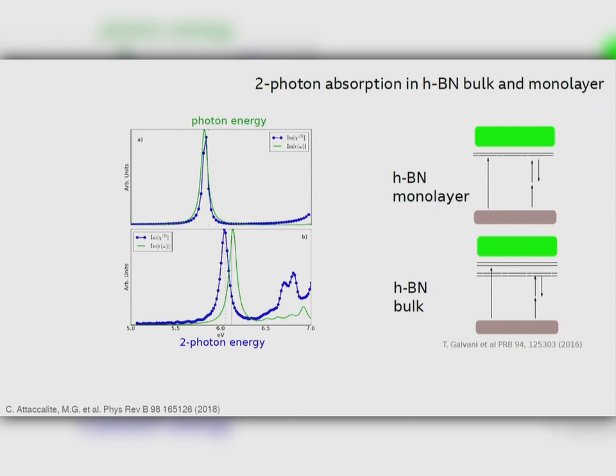By using the two photon, one can instead access this lowest dark exciton, and so this is the blue curve that indeed gets the lowest exciton for the hexagonal boron nitride.